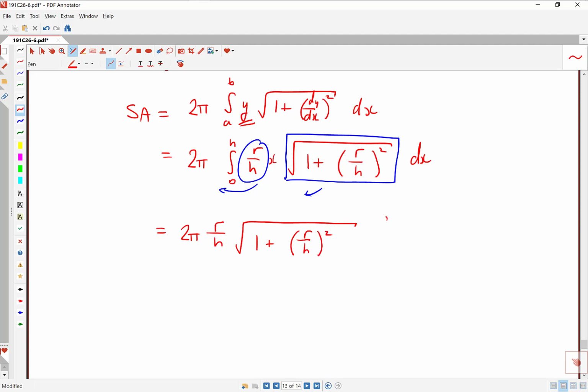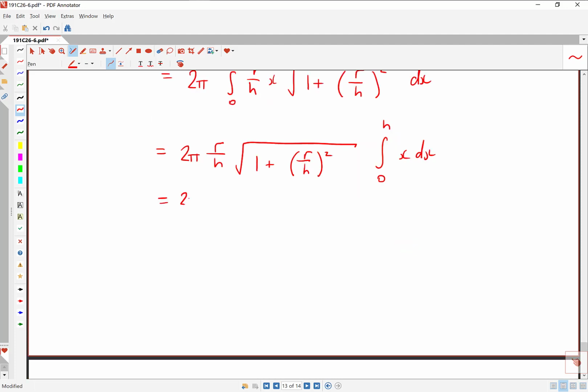All of that stuff just comes out in front. And then what are we left with? Well, we've just got the integral from 0 to h of x dx. So once you realize that, then you say, oh, okay, this is not too bad. So you've got 2 pi r over h times this square root.